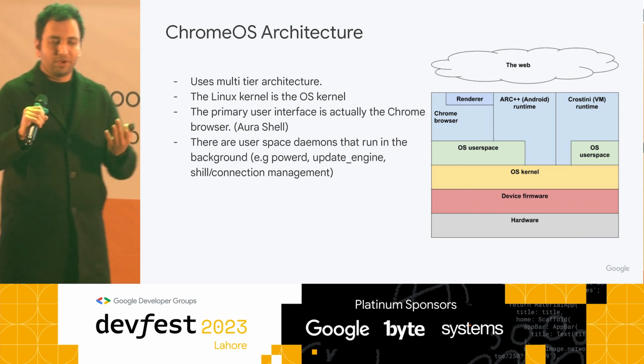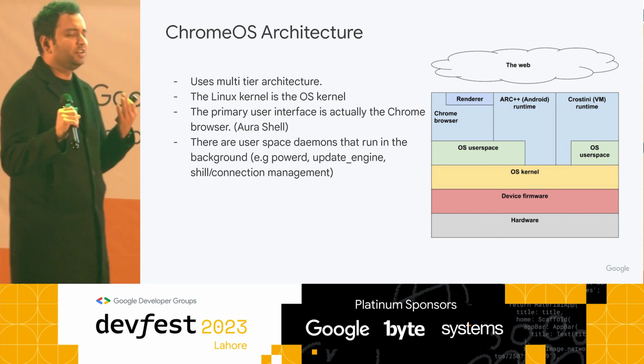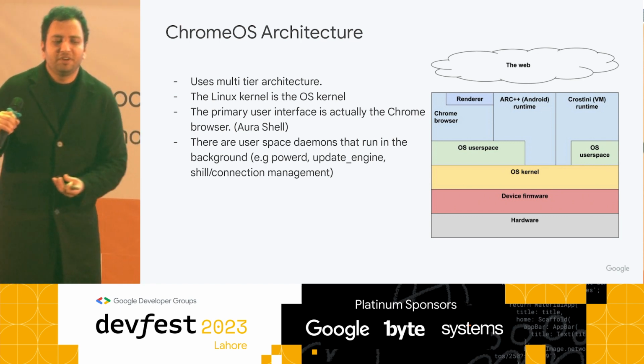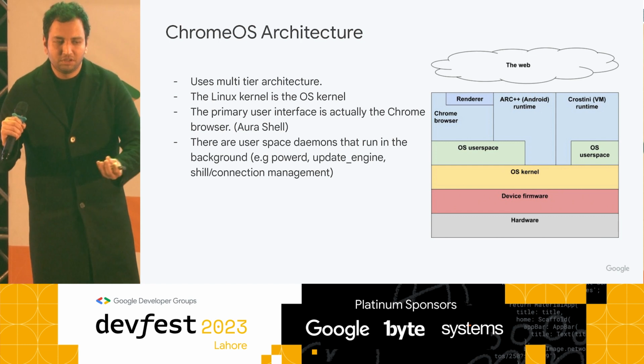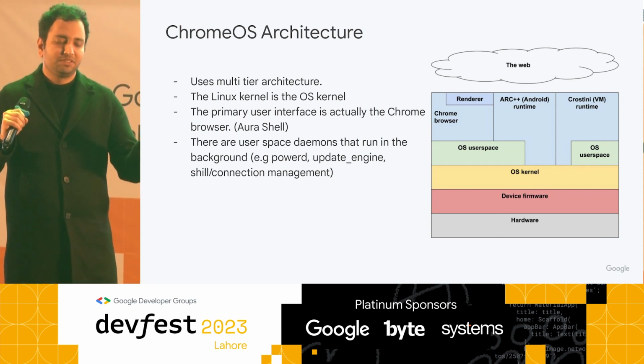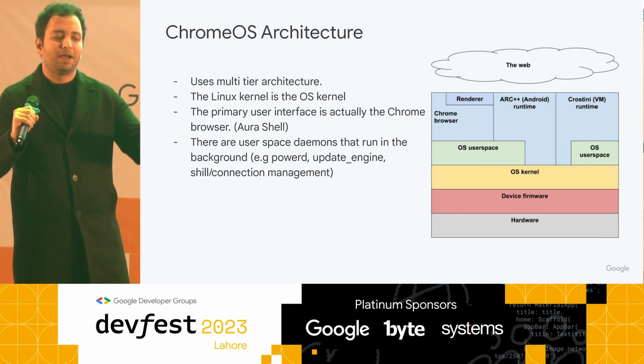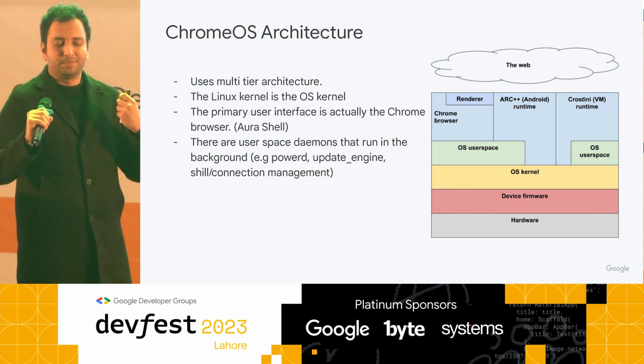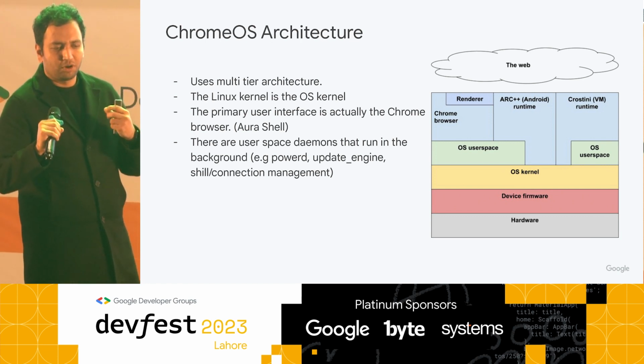The general architecture is multi-tiered. You have the hardware, then firmware, then the kernel, some things in the user space, and then the applications that are run, with Chrome browser being the first and most important one.